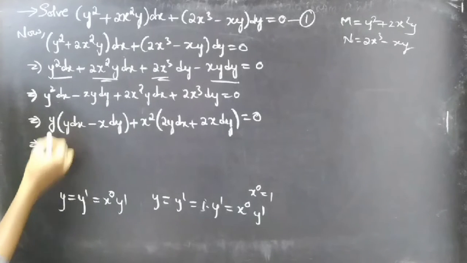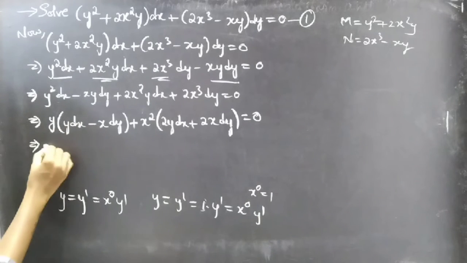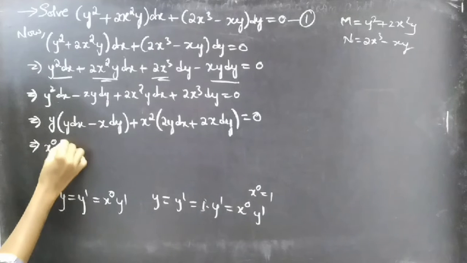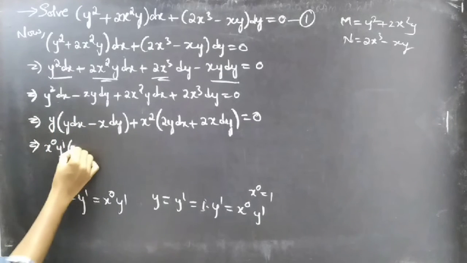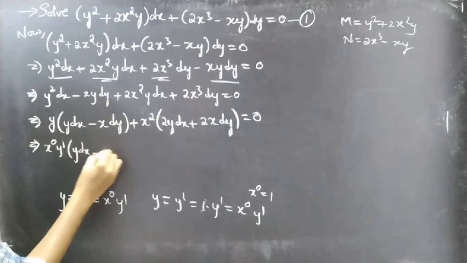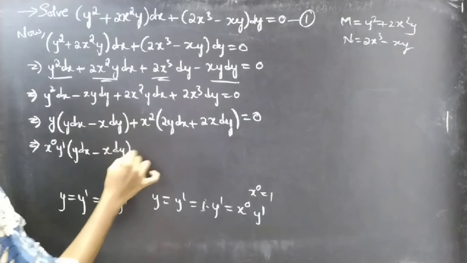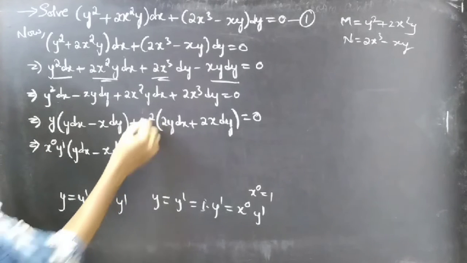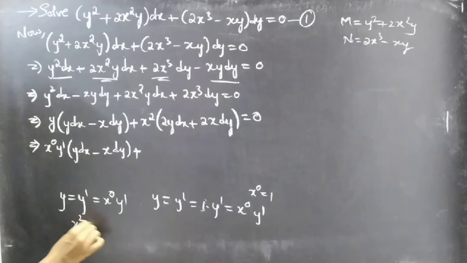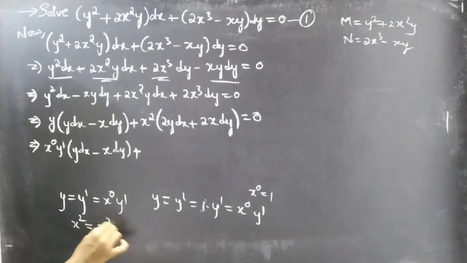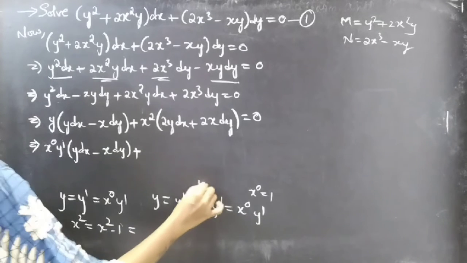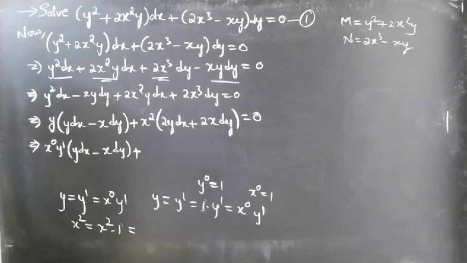So we'll write this y as x⁰y¹ for our convenience, into the terms under the brackets, plus, in the second term we have x² and we don't have any y term here, so I'll write x² as x² into 1, and I'll replace this 1 with y⁰ since y⁰ is 1.